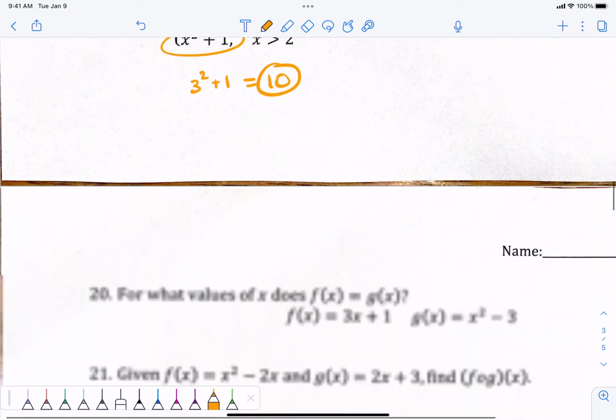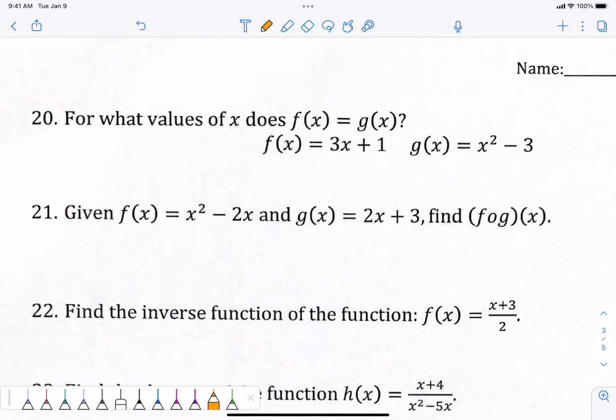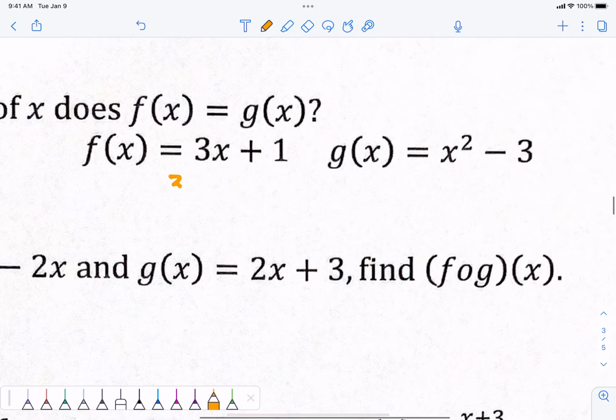Okay, 20. For what values does f of x equal g of x? Ooh, this is confusing. Let me think about it. You set them equal to each other and solve. 3x plus 1 equals x squared minus 3. What do we do here?